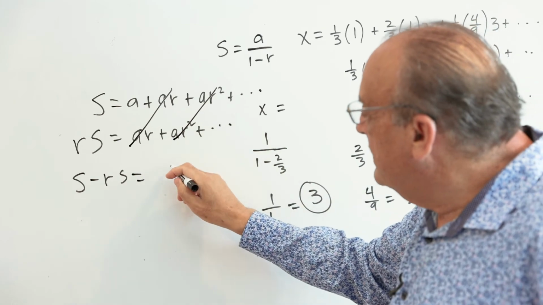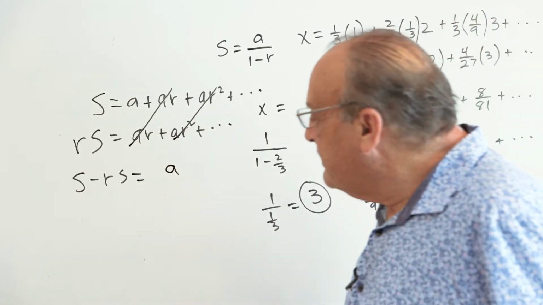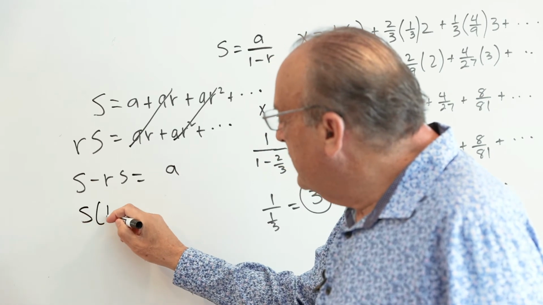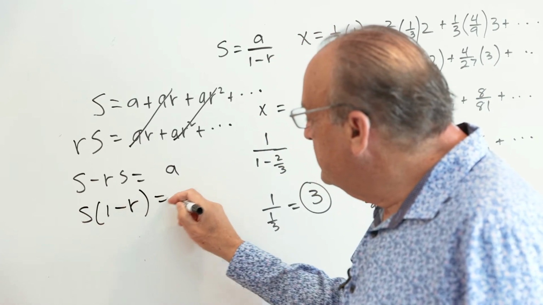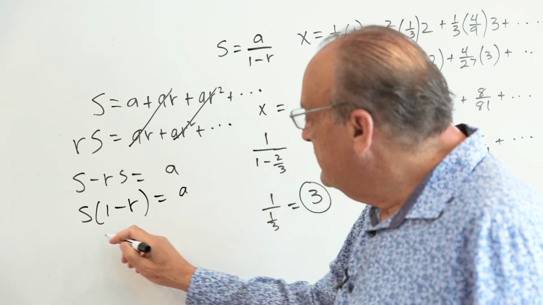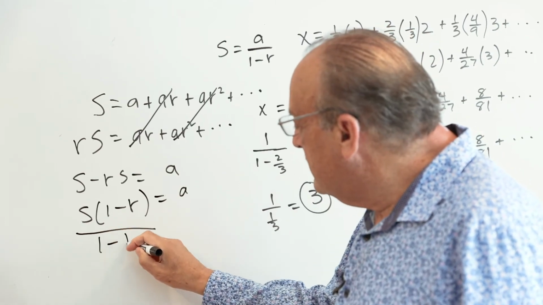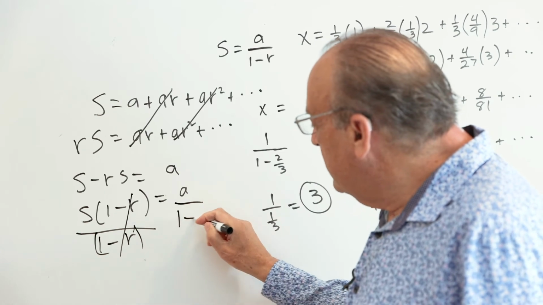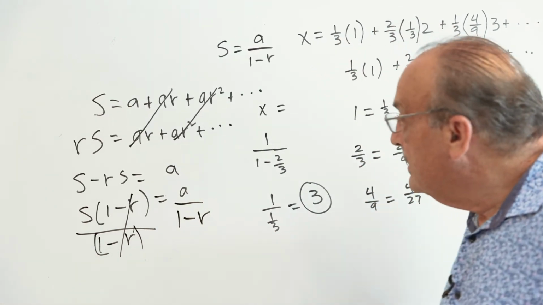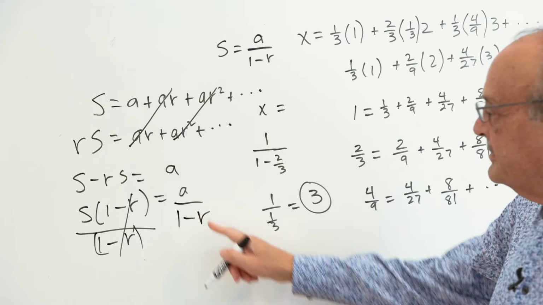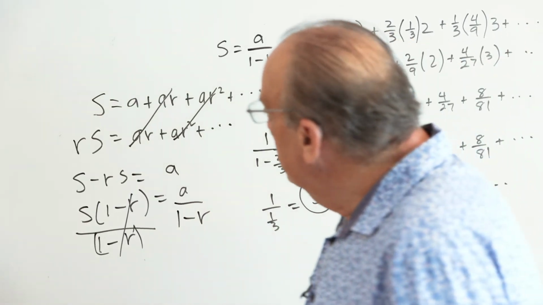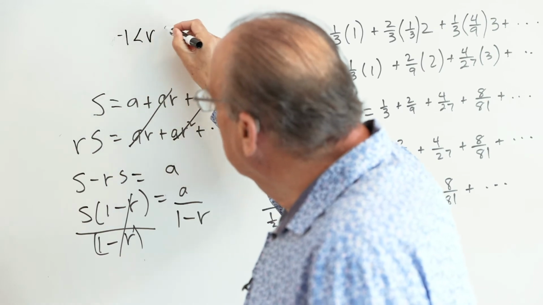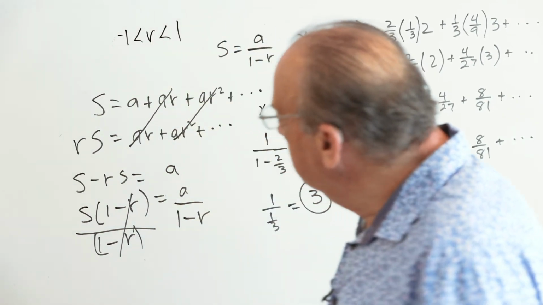If I do that, I just get A. Now I can factor out an S, so I get S times 1 minus R is equal to A. So if I divide through by 1 minus R, that cancels and I get S equals A over 1 minus R. So this formula is true, but it's only true when -1 is less than R, which is less than 1.